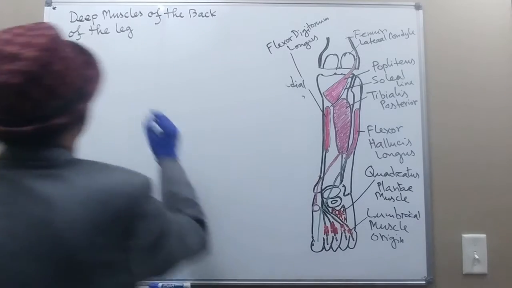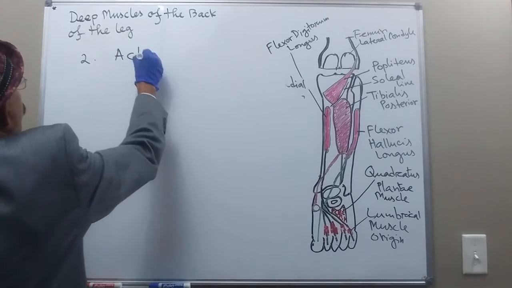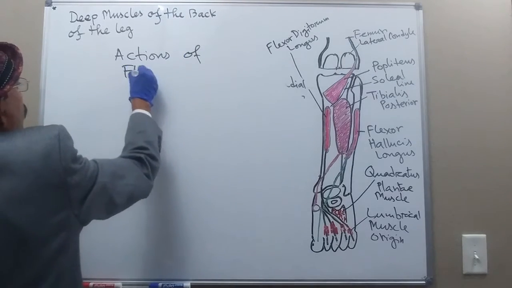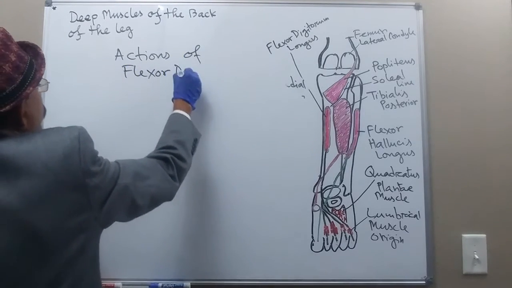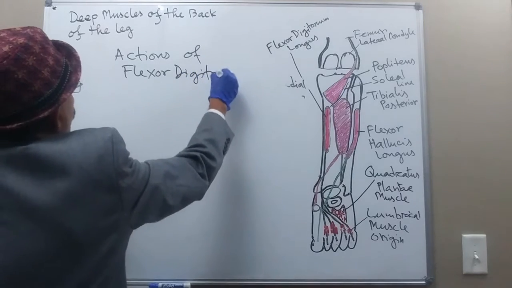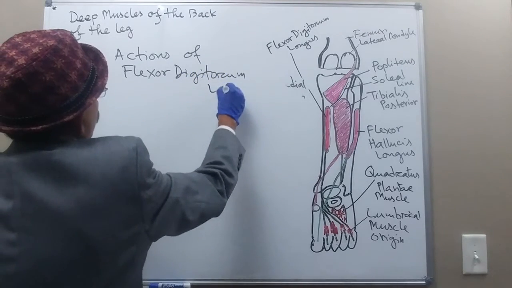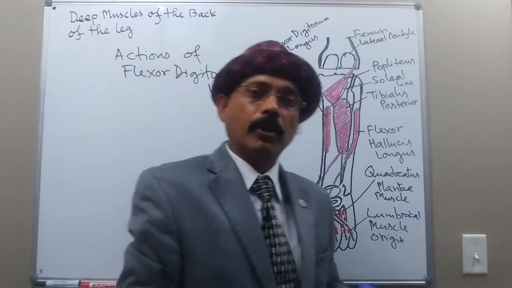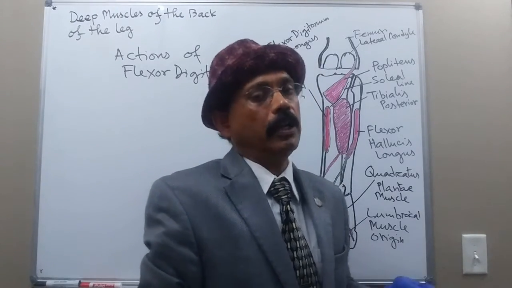So the actions of Flexor Digitorum longus. We know that action means that when we pull the insertion towards the origin, we get the action.